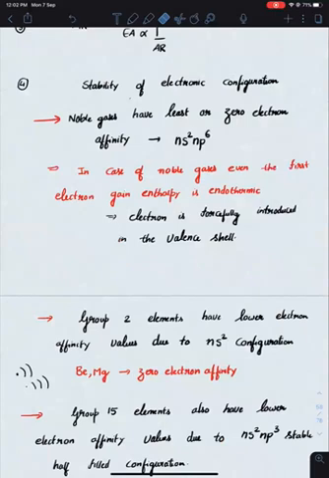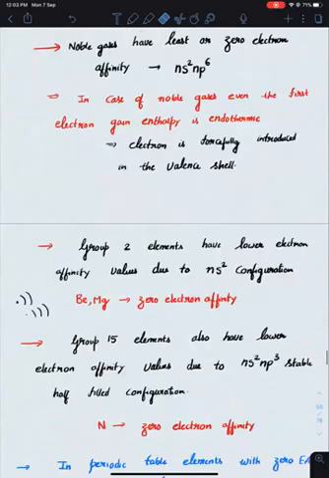After group 17 comes group 16, after group 16 group 14, after group 14 group 13, after group 13 group 1, after group 1 group 15, because you are disturbing the half filled p orbital configuration. After group 15, group 2, because you are disturbing the completely filled s orbital configuration. And in the last, you have group 18, because group 18 has noble gas configuration, a completely filled configuration.